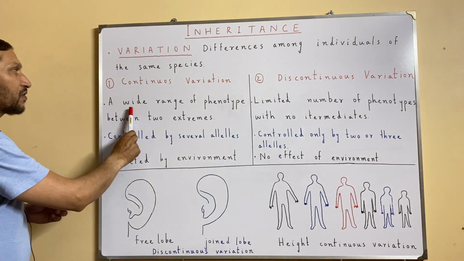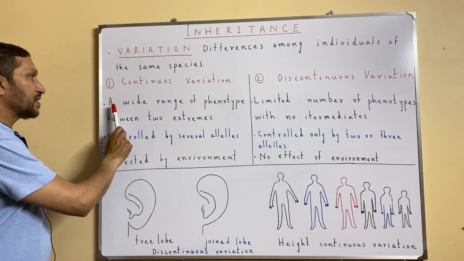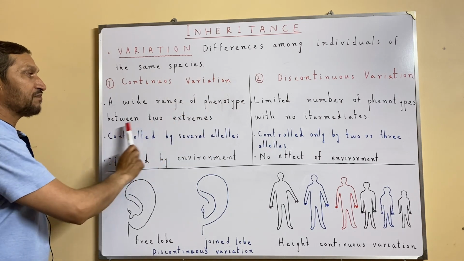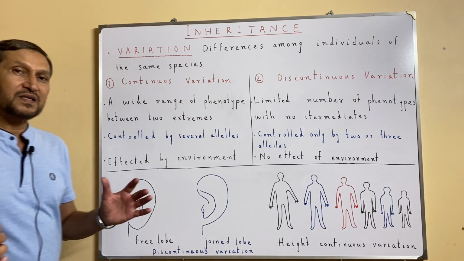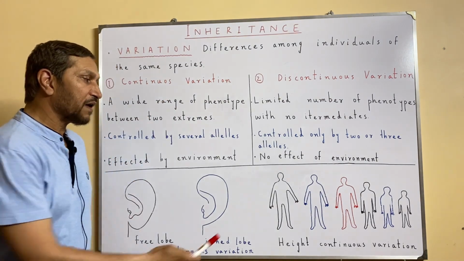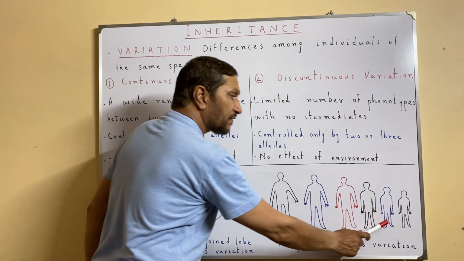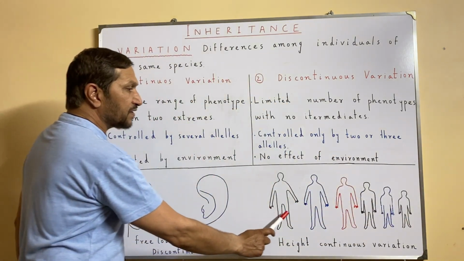Now let's talk about continuous variation. A continuous variation is when there is a wide range of phenotypes between two extremes. What does it mean? Let's take the example of human height. There is a wide range of phenotypes.